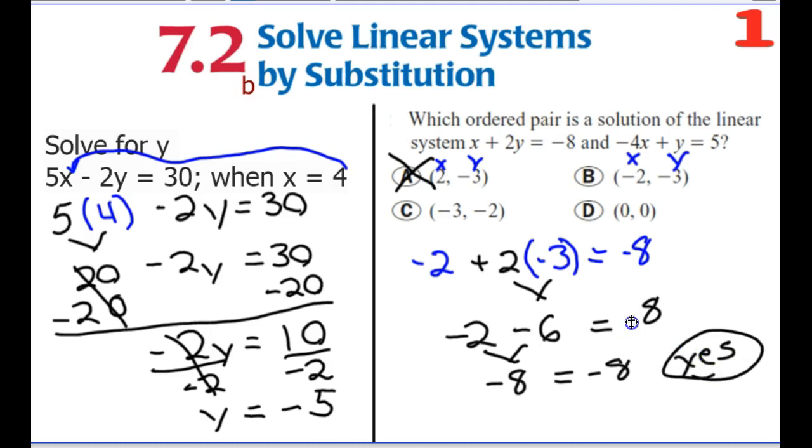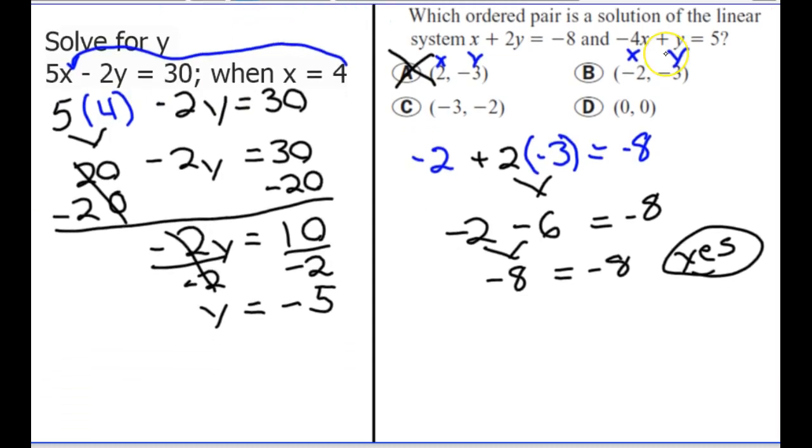But we're not done. We need to figure out if negative 2, negative 3 works in our other equation. So we continue putting in for our x and y. So we have negative 4 times negative 2 plus our y, which is negative 3, equals 5.